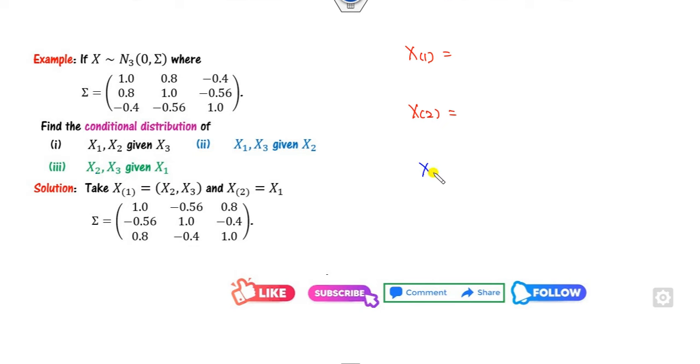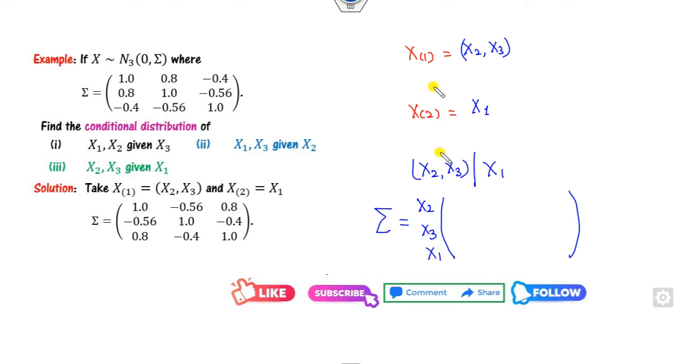Your target is to define x2, x3, condition x1. So this number will be my x2, x3, x2 will be my x1. So can you define the sigma? This matrix will be, first number is x2, x3, then x1.